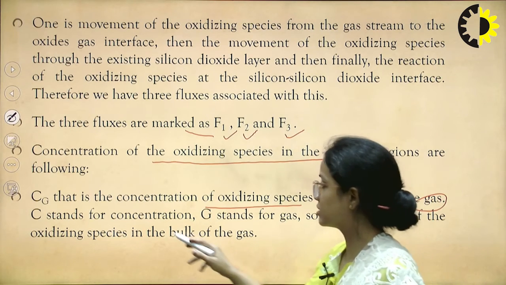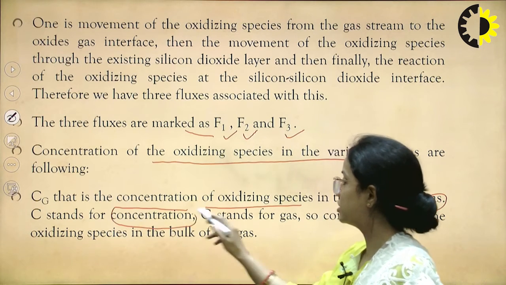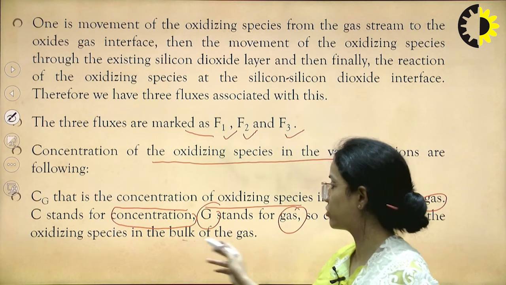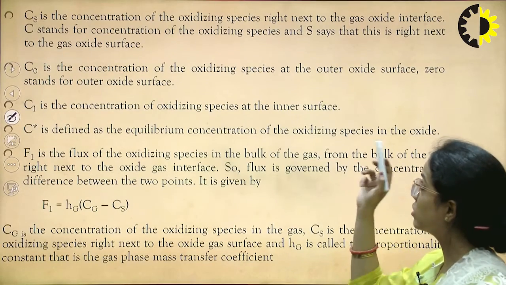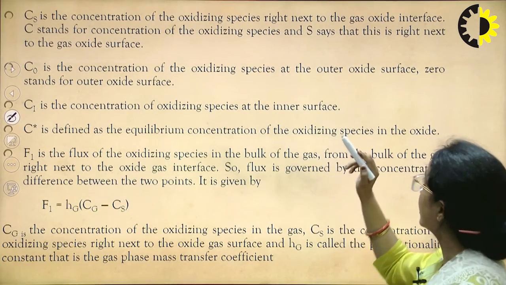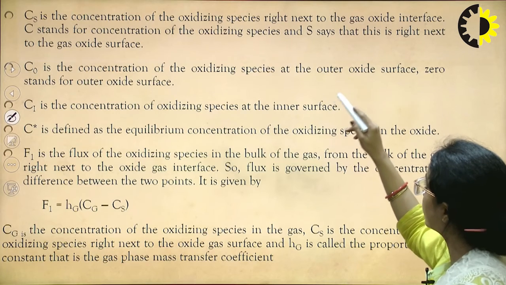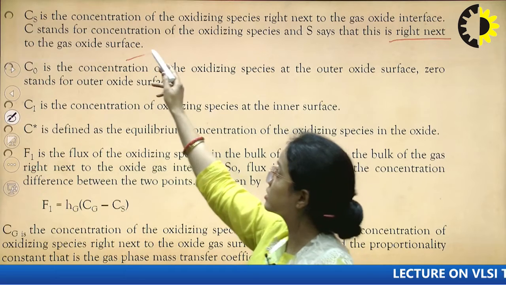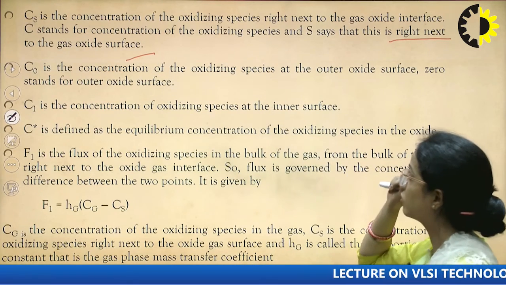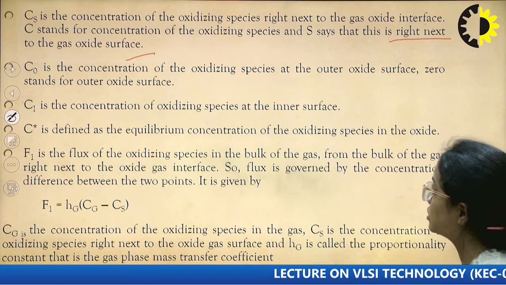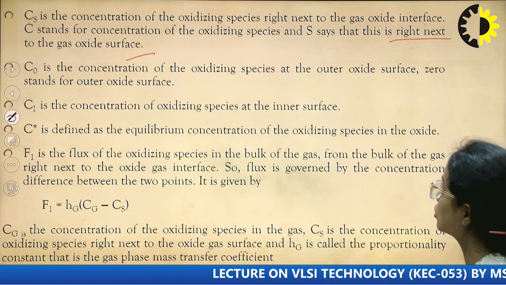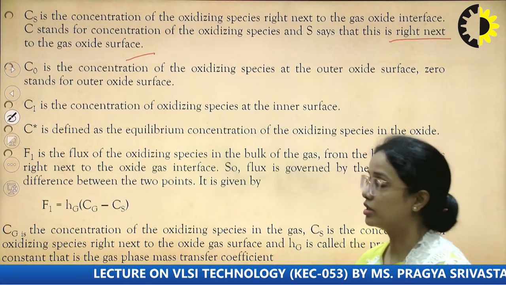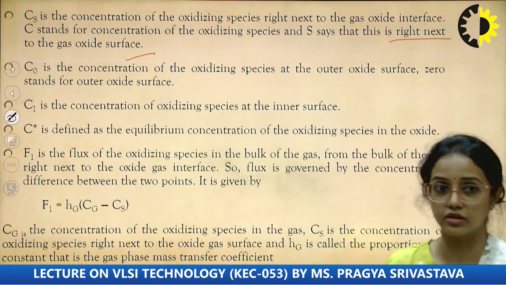C stands for concentration, G stands for gas. Cs, of course, C is concentration, and S is right next to the gas oxide surface. Now what is C naught? What is Ci? What is C star?